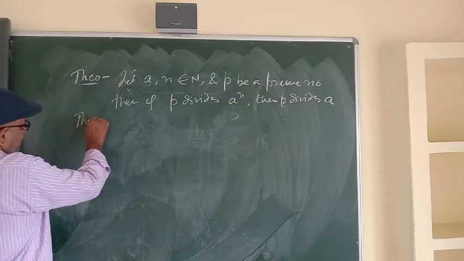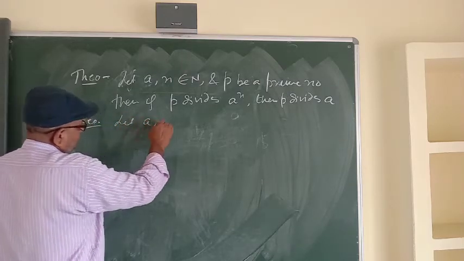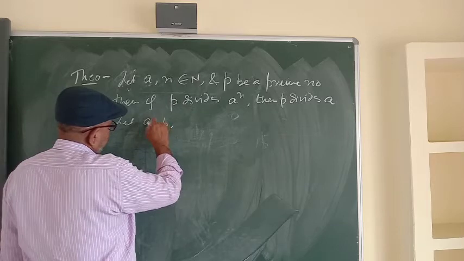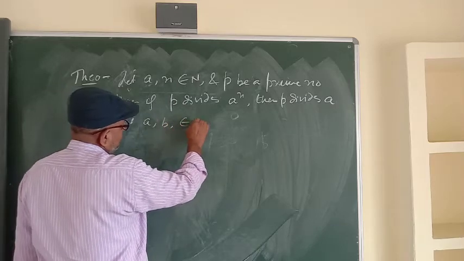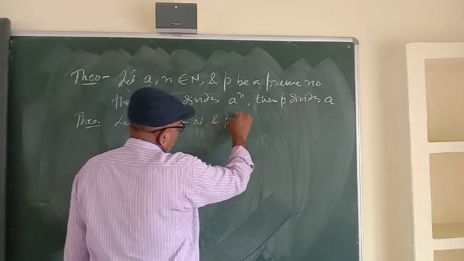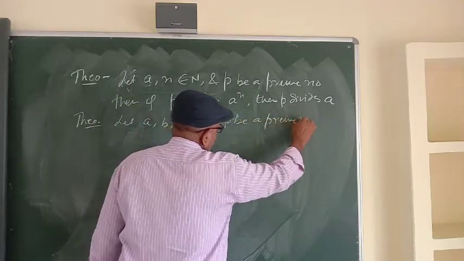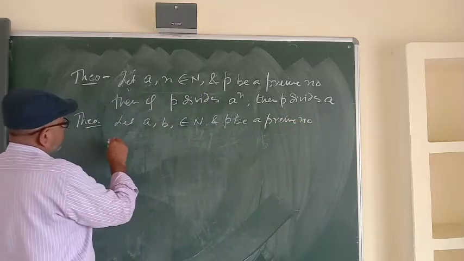The next theorem is: let a and b belong to the natural numbers and p be a prime number.